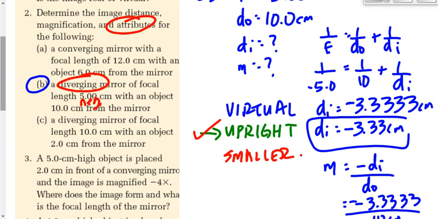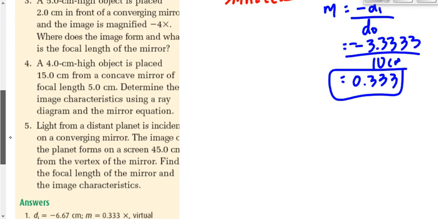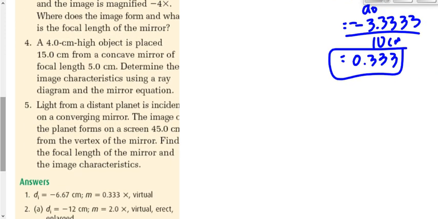All right, next question we want to go over is number 4, I think. Concave mirror, that's good. Concave is converging, right? That is for mirrors. For lenses, it's diverging. Image characteristic, using a ray diagram and the mirror equation. I don't want to use a ray diagram.